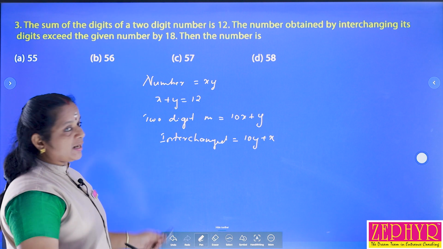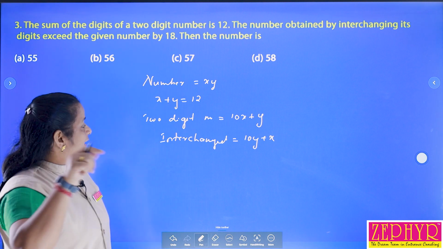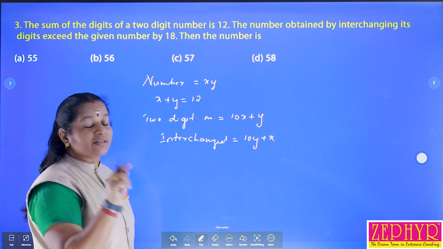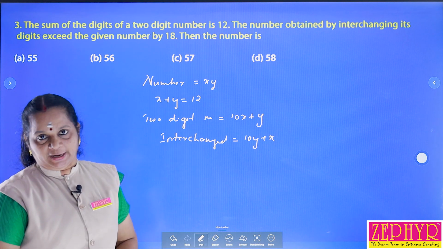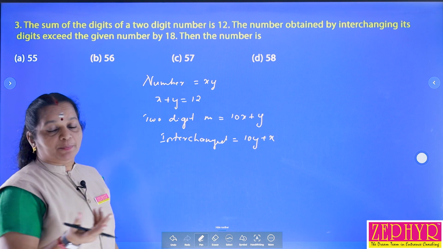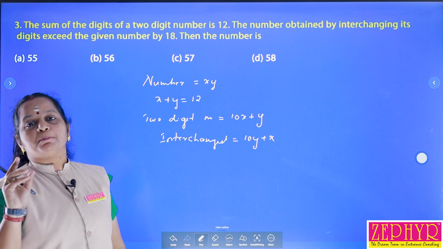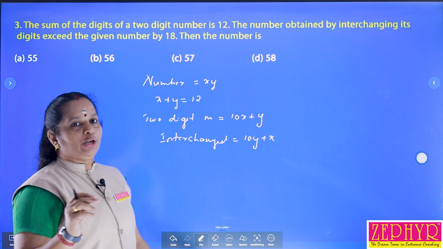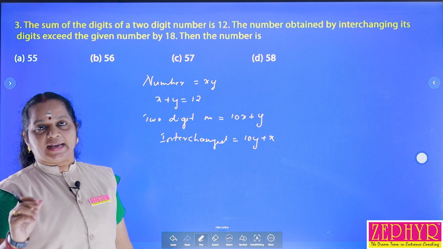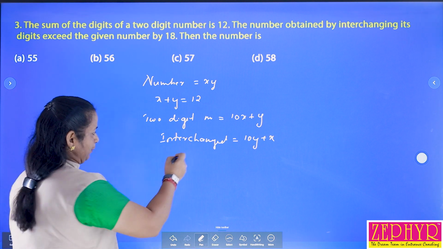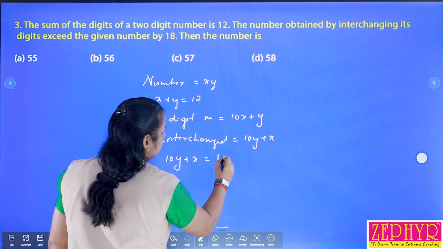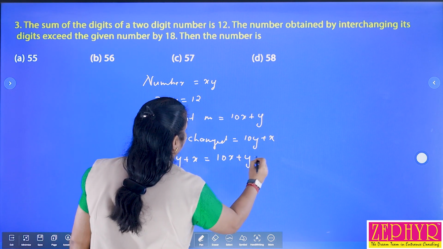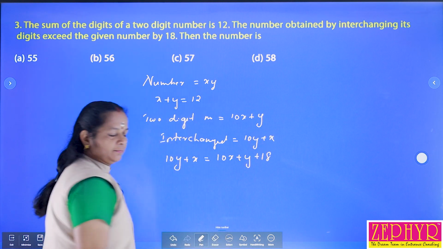This given number plus 18, we get the interchanged number. So 10x plus y plus 18 gives the value 10y plus x. That means 10y plus x is equal to 10x plus y plus 18.